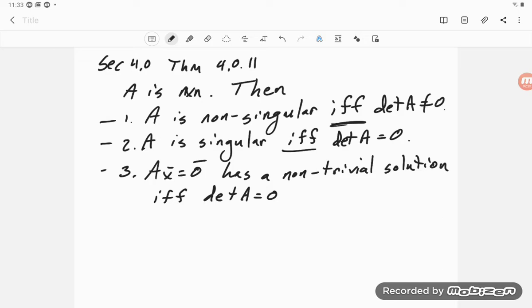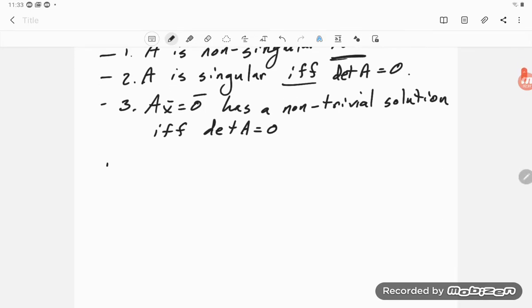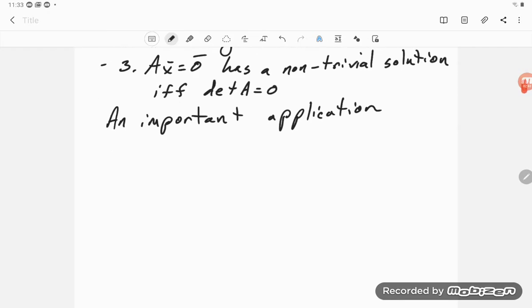Okay, now, an important application is that I would like to know when the determinant of A minus some constant lambda times the matrix I, the identity matrix, is equal to 0.